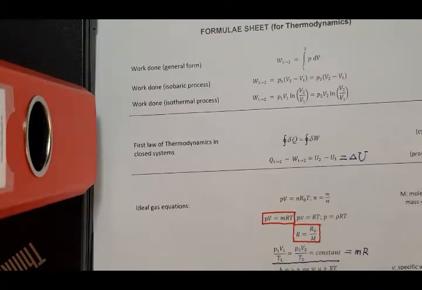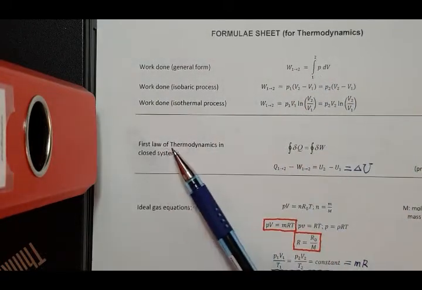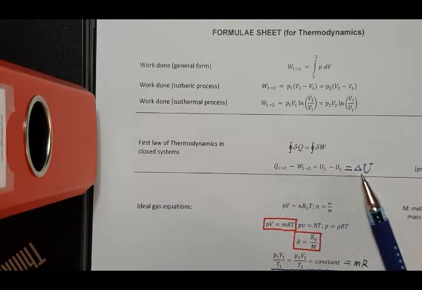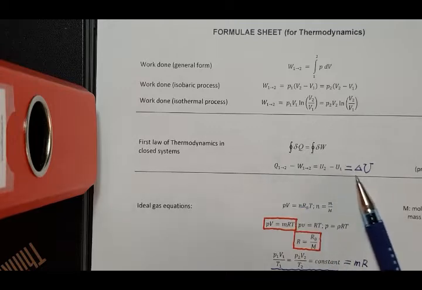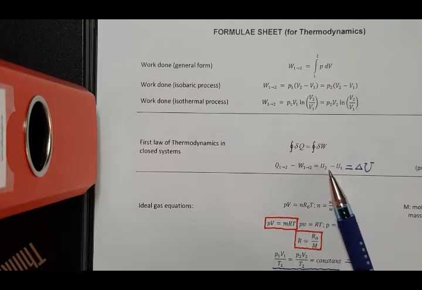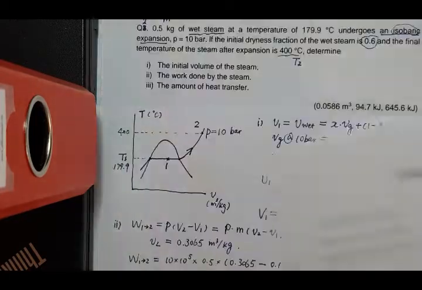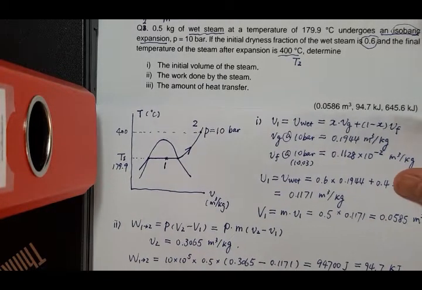So there's a formula sheet. You can see the first law of thermodynamics for a closed system. This equation establishes the relationship between heat transfer, work transfer, and the change in internal energy. So now what I'm going to do is just write that equation down first of all.